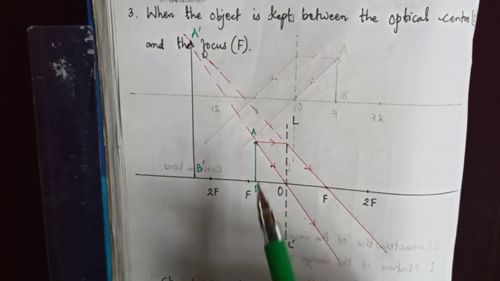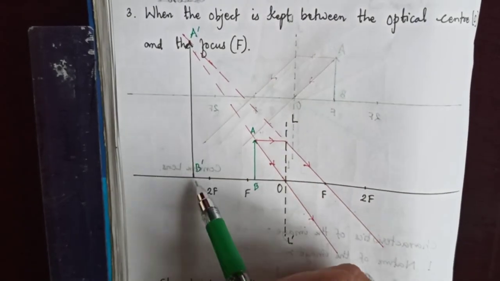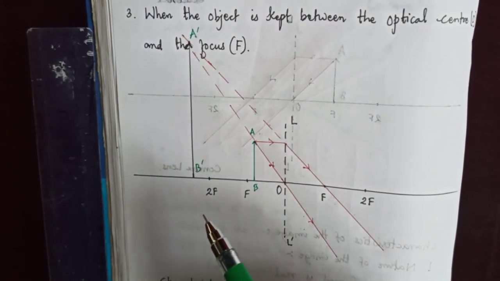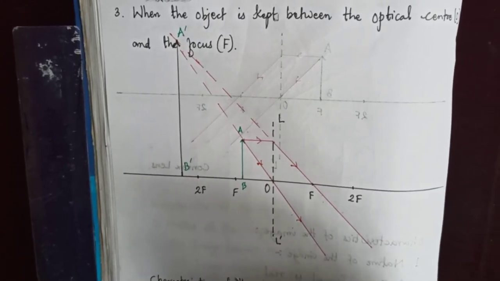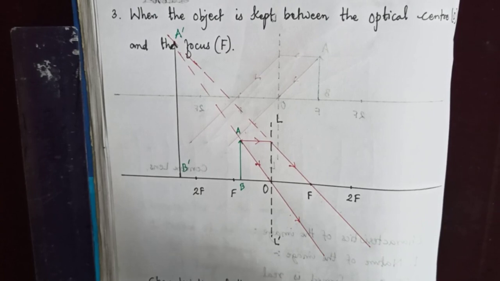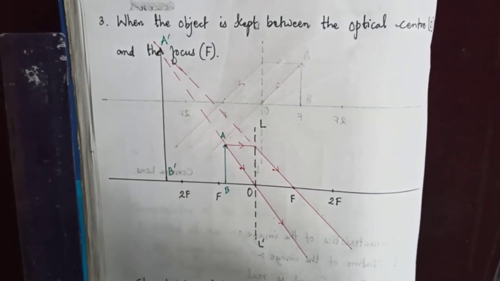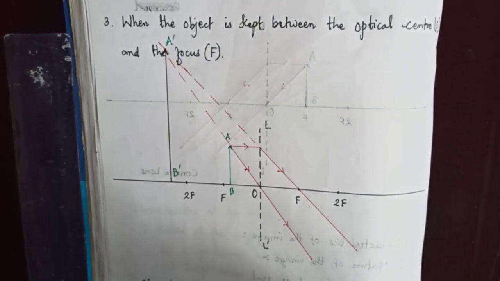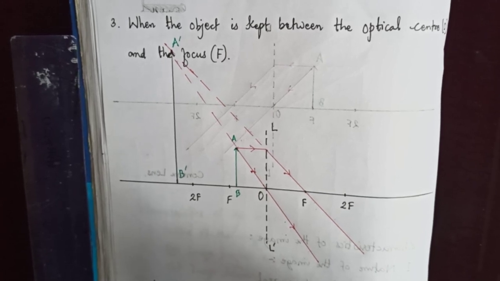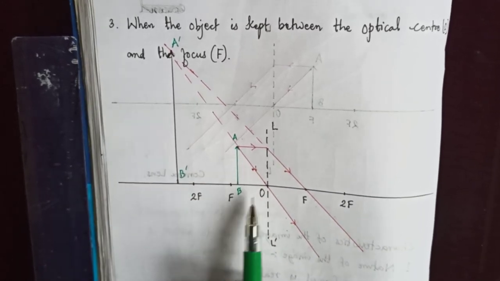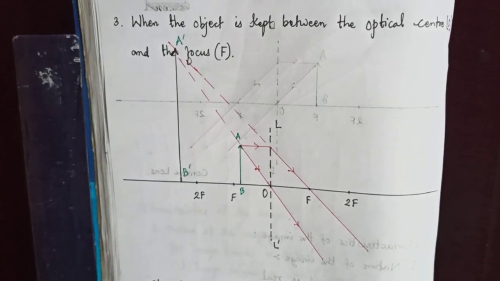And if you measure the size of the object and the image, you can clearly see in the diagram the image is highly magnified. So convex lens in most cases forms the real inverted image, but it forms the virtual magnified image when the object is kept between optical center and the focus.